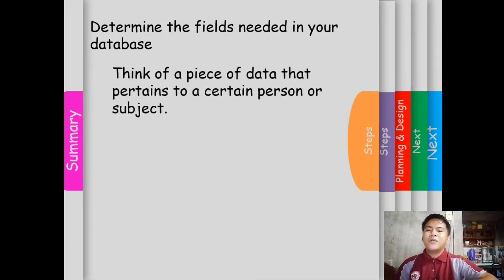Okay, so how are we going to identify the different field names? So, think of a piece of data that pertains to a certain person or object. So, in other words, in determining the field names of our database, pag sinabi natin field names, it means field names is describing our record.